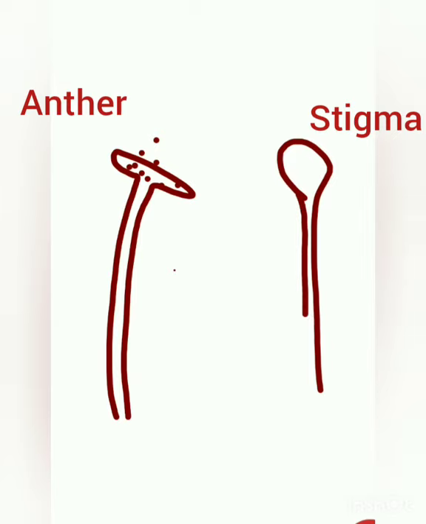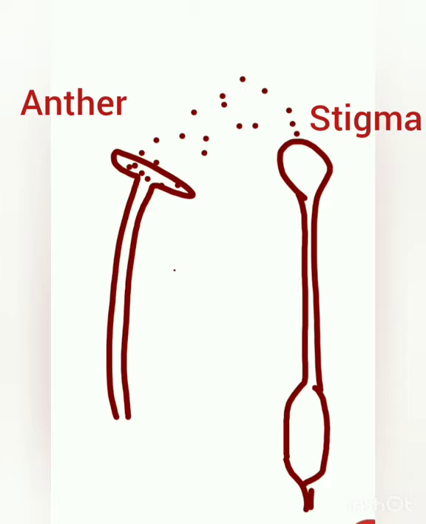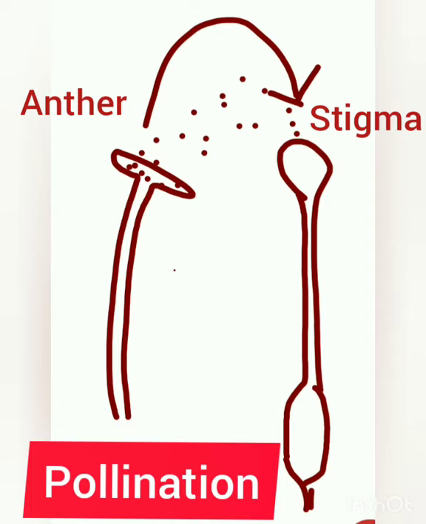The various agents are wind, water, animals, etc. This transfer of pollen grains from anther to the stigma of another flower or same flower is called as pollination. Pollination can be within the same flower or two different flowers of same kind.